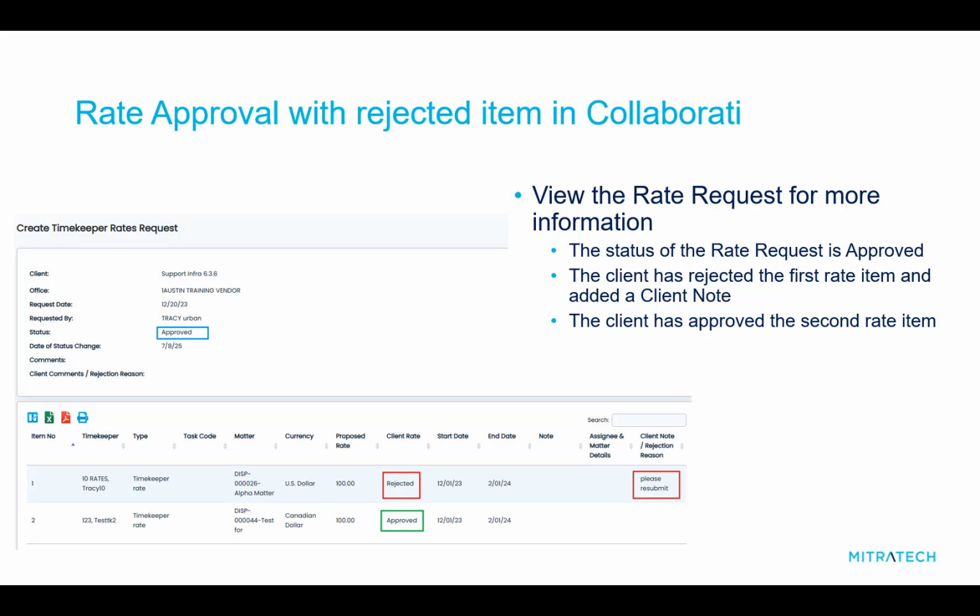Now, if the status of the rate request is rejected, that means that everything in the whole rate request is rejected. And even though it says approved in line 2, that would not be the case. It would not actually be approved. But here we do have one approved item and one rejected item.